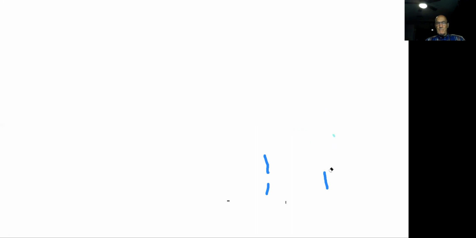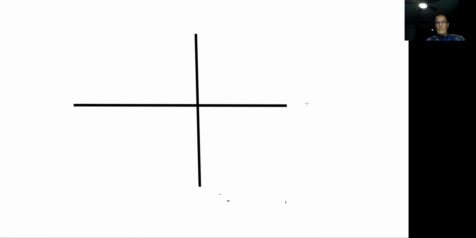All right, so the next thing I want to do, we'll draw our axis again, because I want to draw the tangent function. We haven't looked at the tangent function here. So here's my X, and here's my Y. Now I'm going to put my same marks, but notice I'm not going to put a vertical mark.